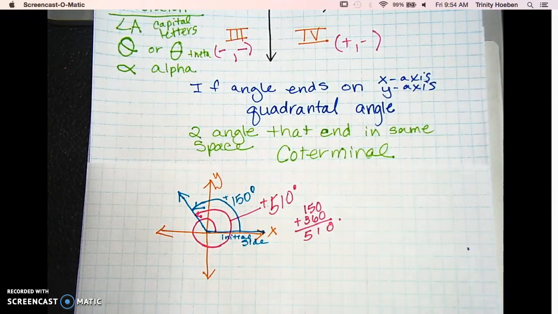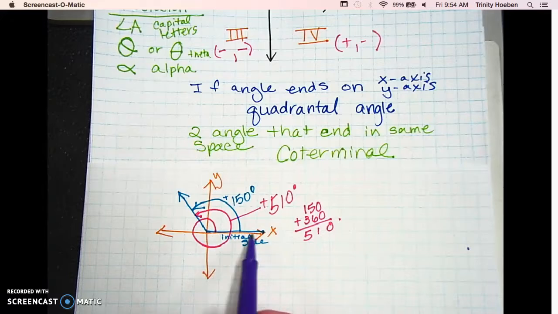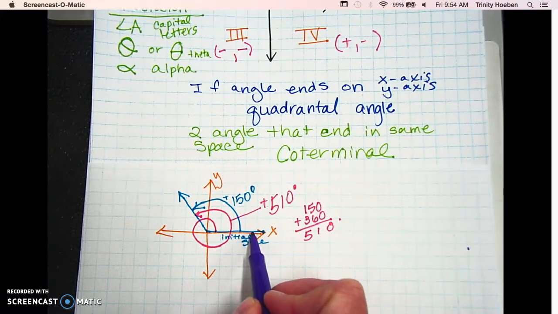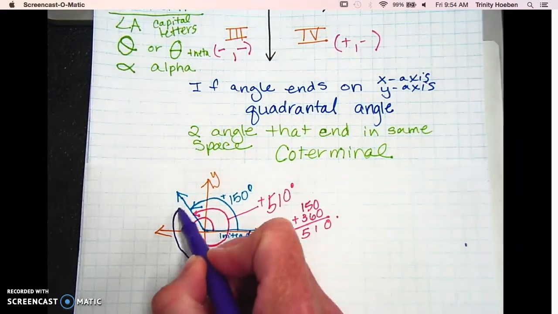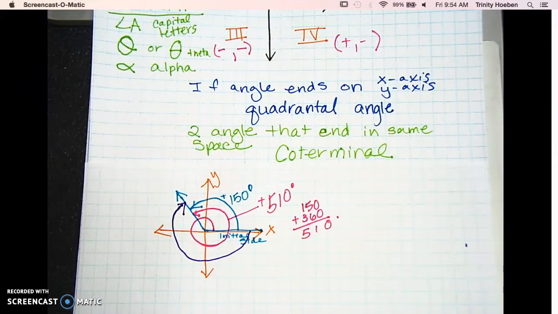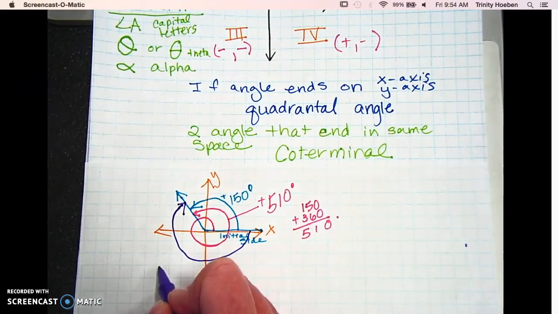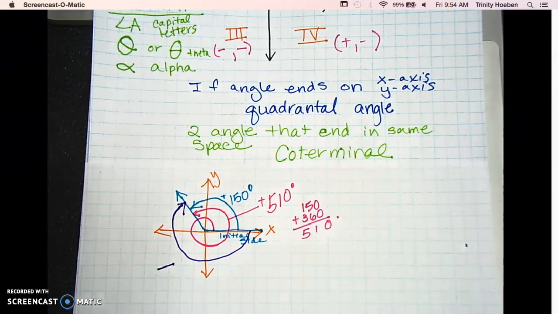Well, we can have the positive one. We can also have one that's negative. So starting at that initial side, we can also go this direction. We can go clockwise, which will make it a negative angle. Anybody know how many degrees that would be?